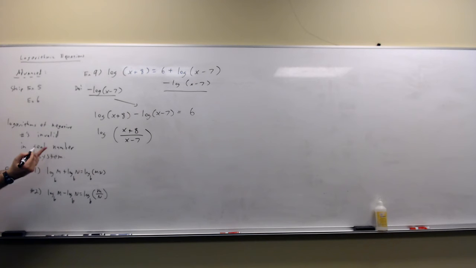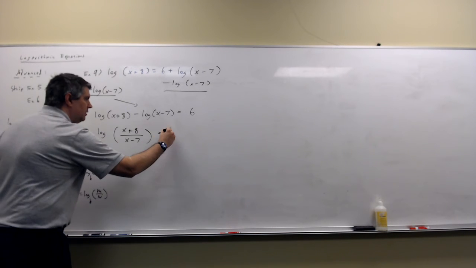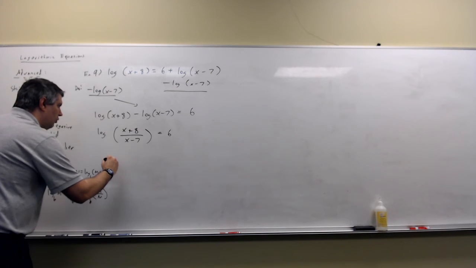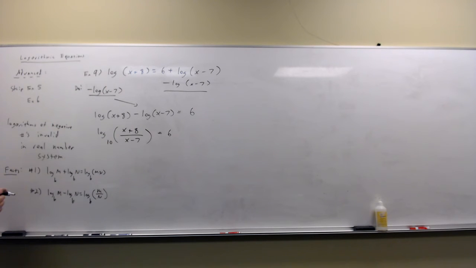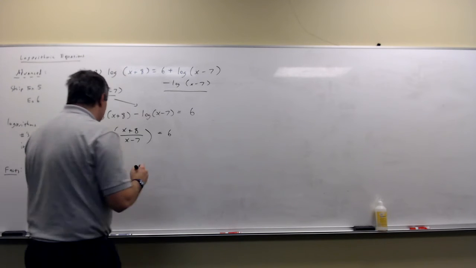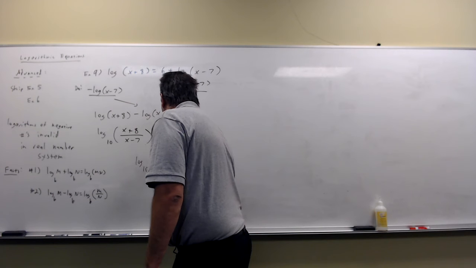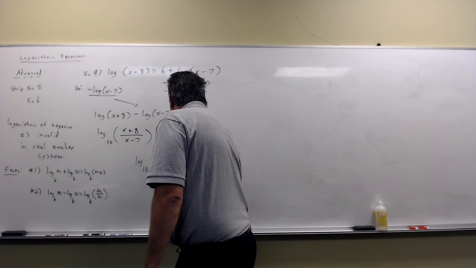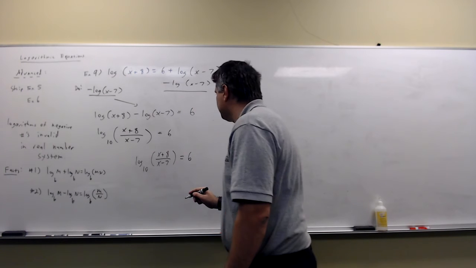Oh, and by the way, because no log base is stated, this is actually log base 10. If no log is stated, it's base 10. So I have log base 10 of x plus 8 over x minus 7 equals 6.